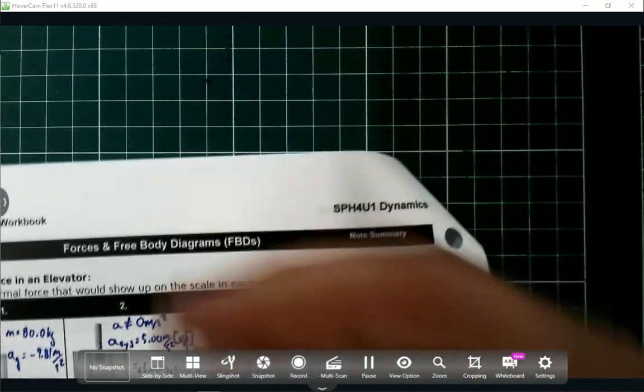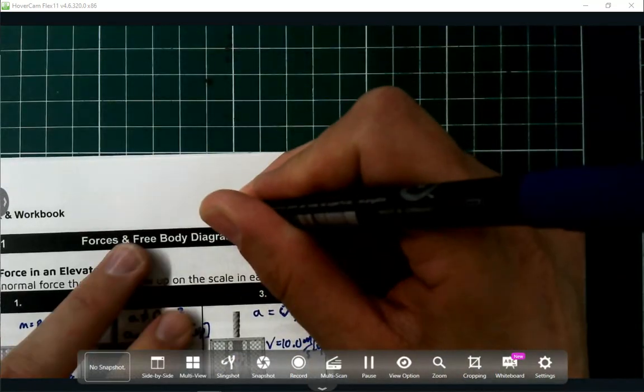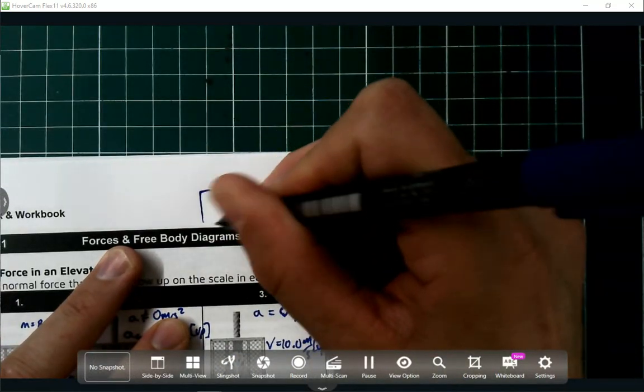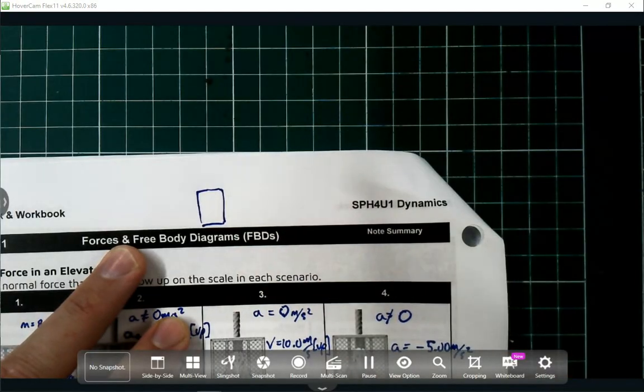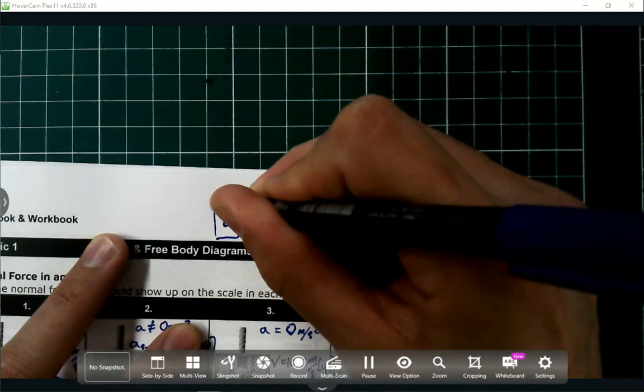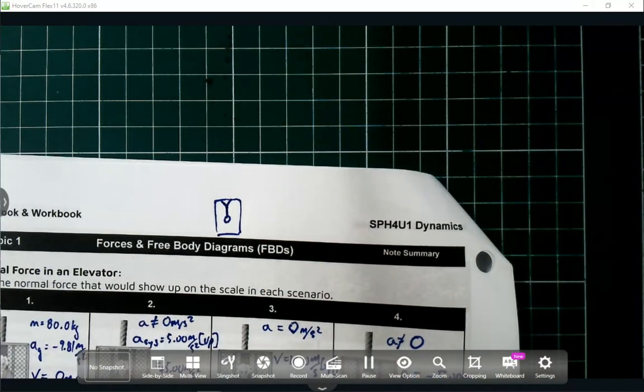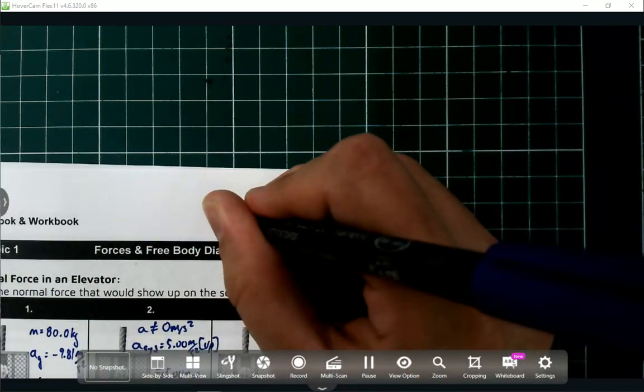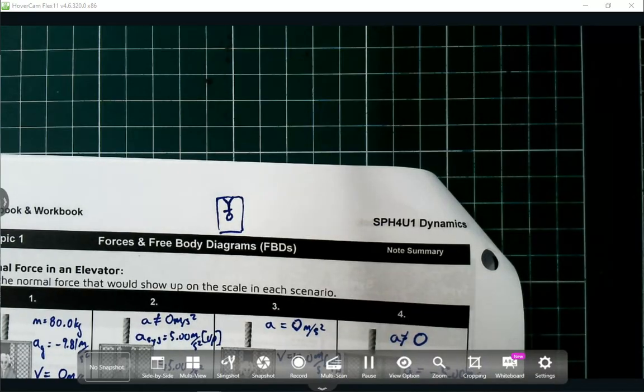What about this? What if I was in an elevator? Here's my elevator. This isn't the person anymore. What would have to be true for me to be in an elevator and standing on the ceiling? What then?